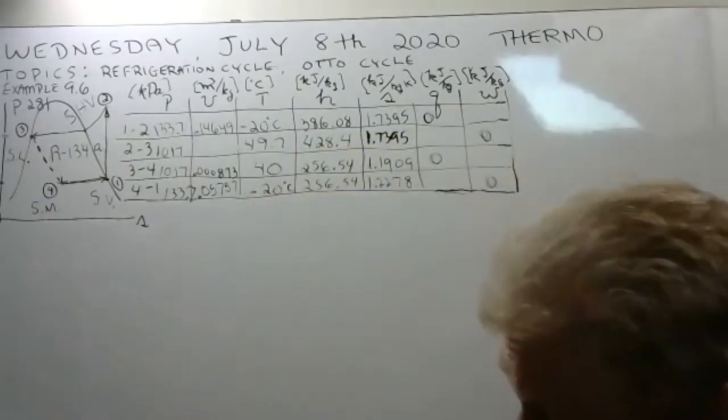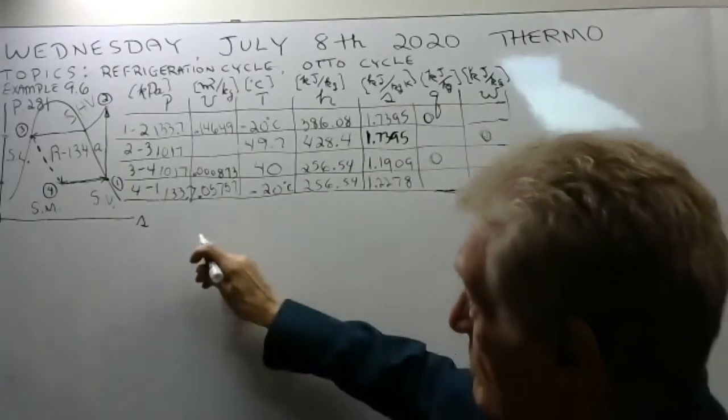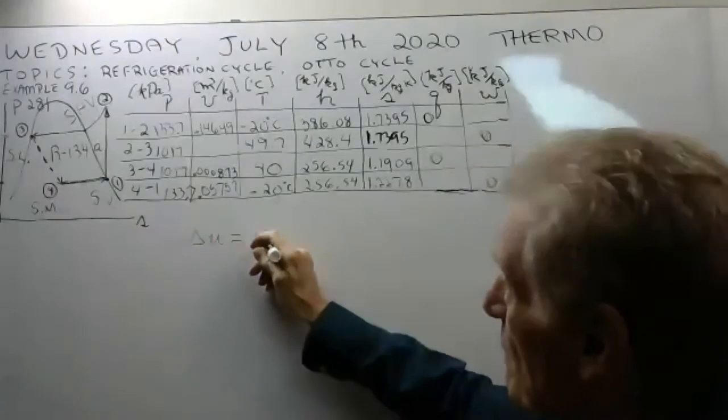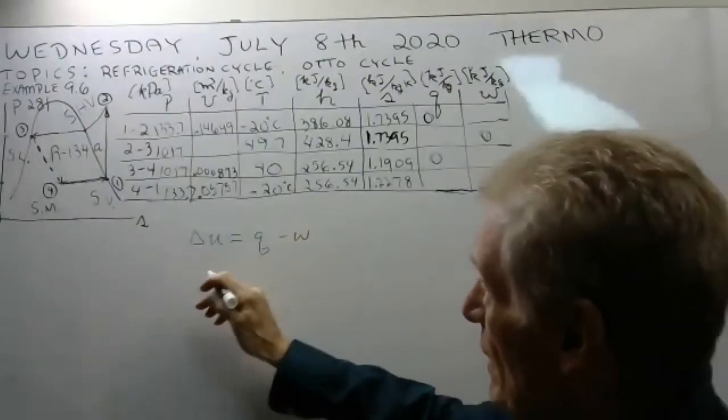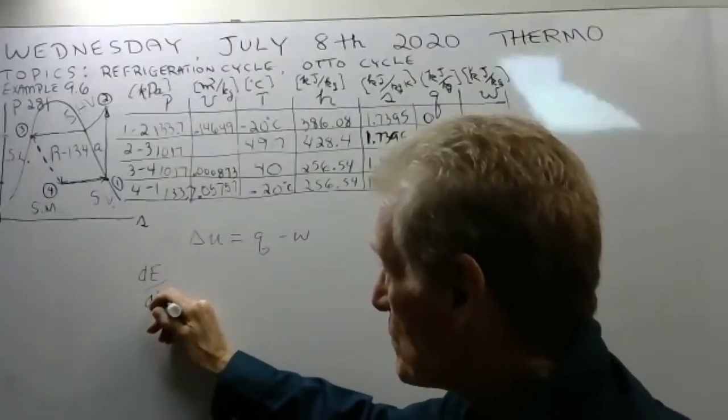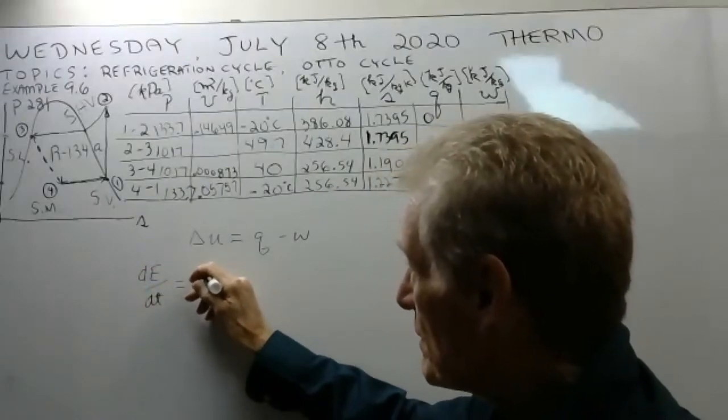We have a first law, and it goes like this. And we have one that goes like this. It's much more complicated.